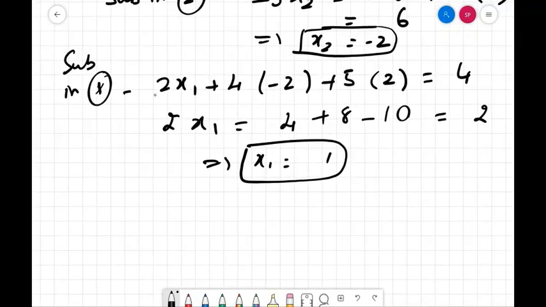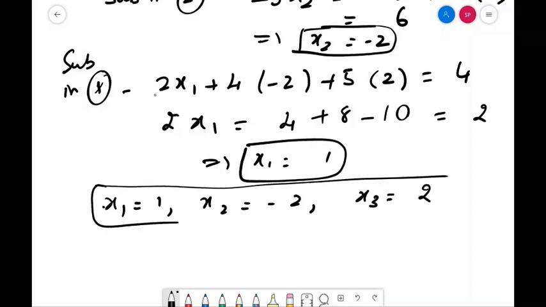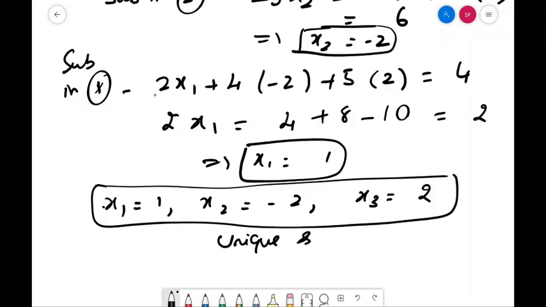So I have a solution: x1 is equal to 1, x2 is equal to minus 2, and x3 is equal to 2, which is a unique solution. There is no chance for this system to have another solution.